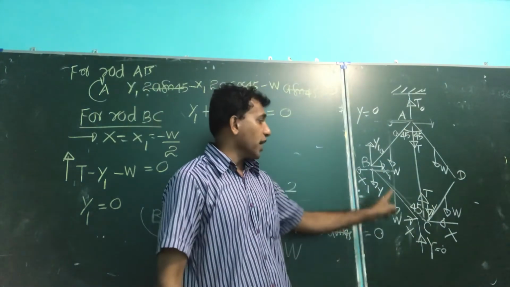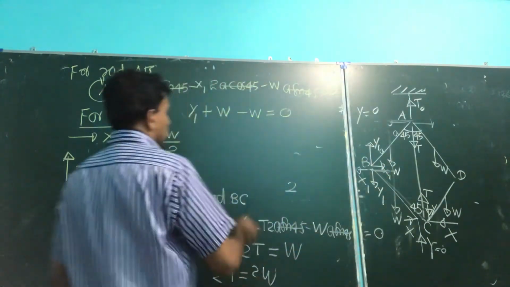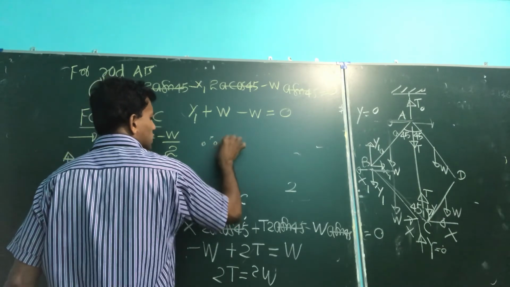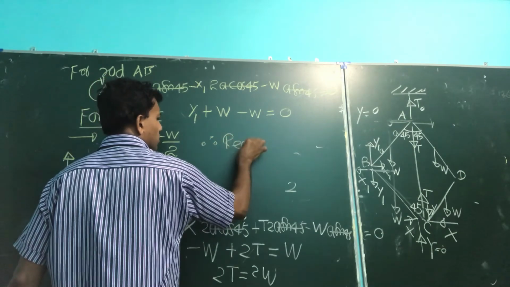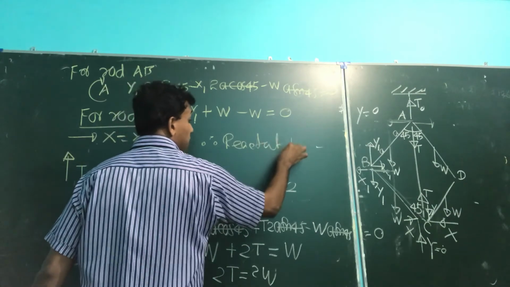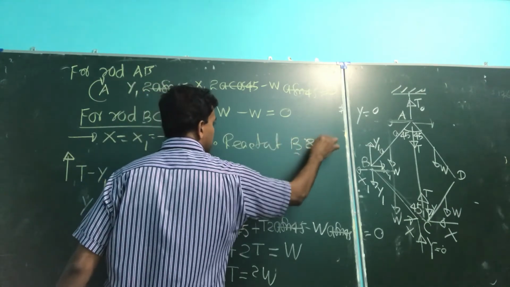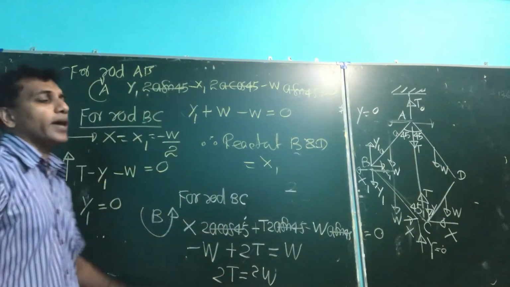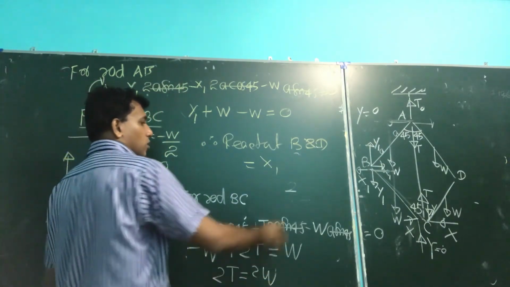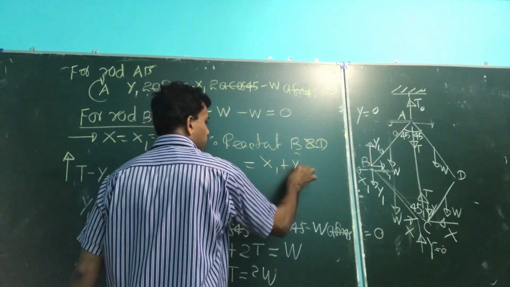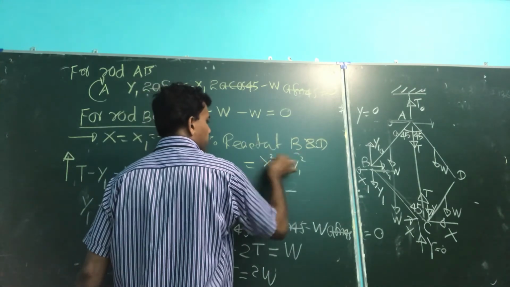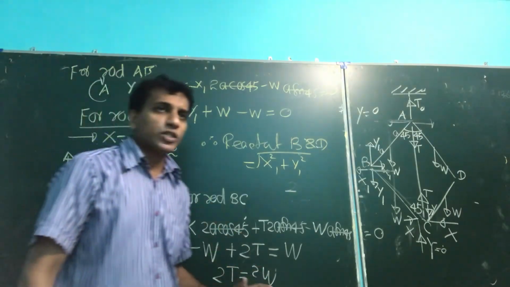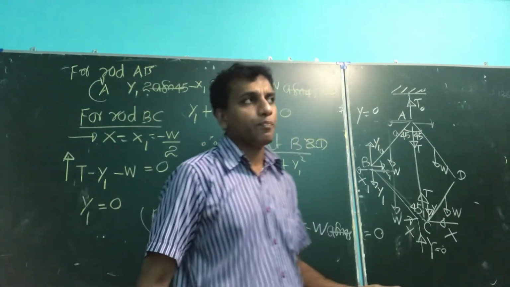Therefore, I am sure of both methods, right? Reaction at B and D is equal to X1, or the square root of X1 squared plus Y1 squared.